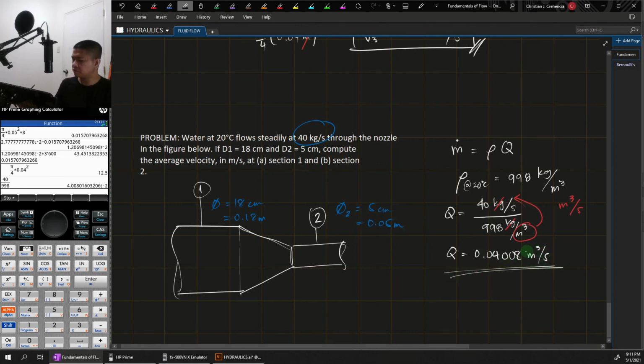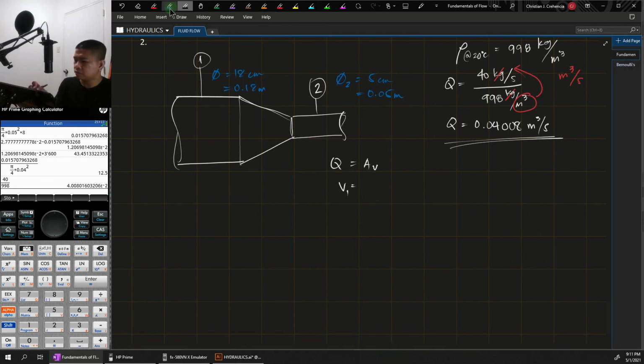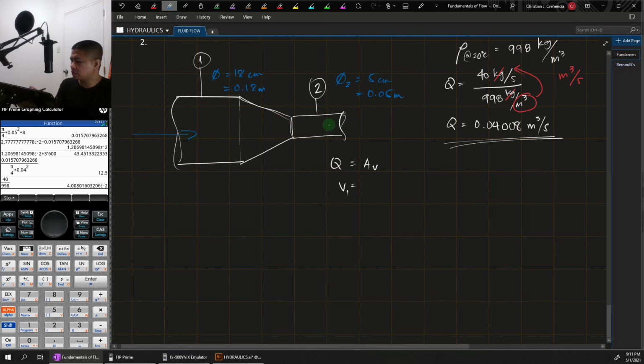So solving for the velocity at section 1 and section 2. So again, from Q is equal to area times velocity. So solving for the velocity 1 is, so since by continuity equation and wala namang ibang pupuntahan yung liquid natin, yung water natin dito. So again, summation ng inflow must be equal to the summation of outflow. So dalawa lang naman sila. So Q1 is equal to Q sub 2.